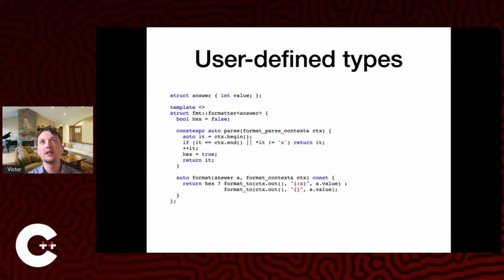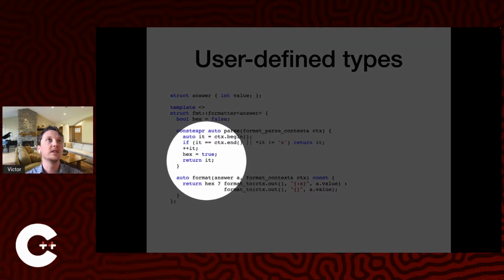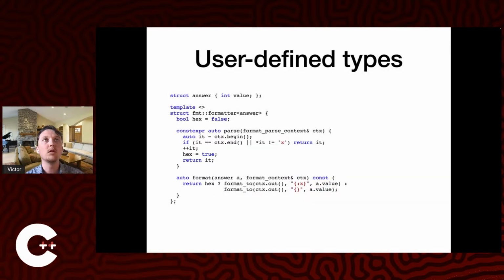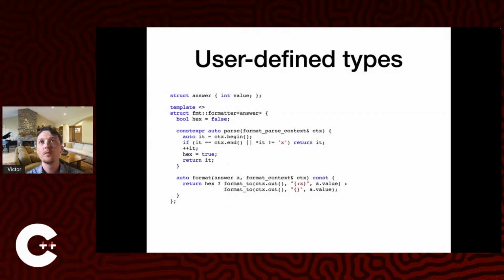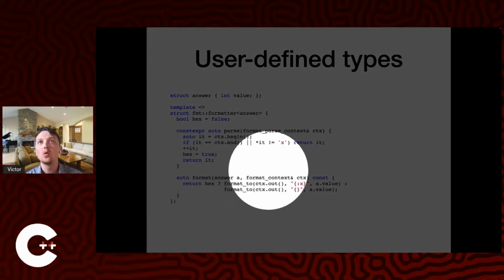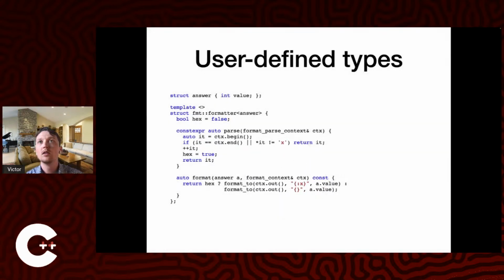We check if the specifier is x, then we set the hex boolean member variable to true. Otherwise, it's false by default. And then later, when we do formatting, we check this member variable and either format the value as hexadecimal or as decimal, which is the default.